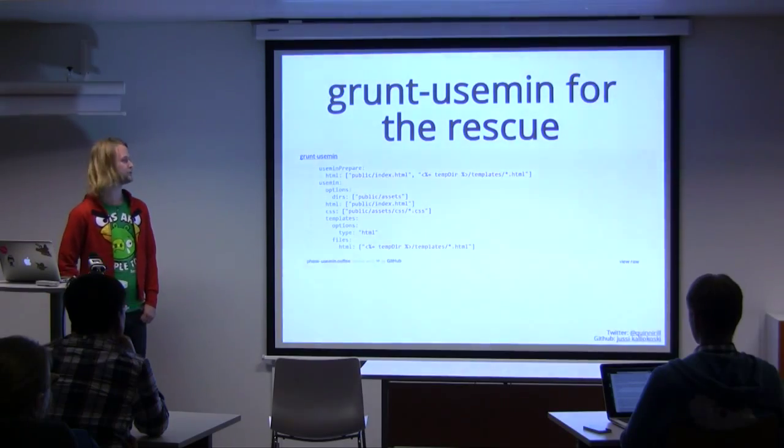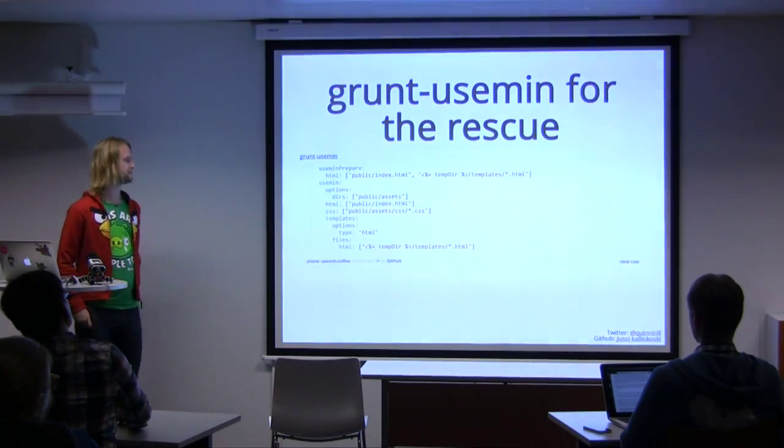So now we have a problem: we have all these files that we can't possibly guess the name of beforehand. Do you want to manually change these links after every build? No way. There's a tool for that as well.